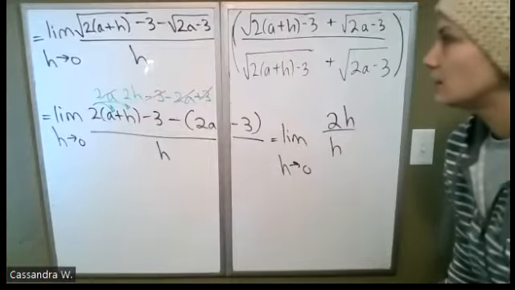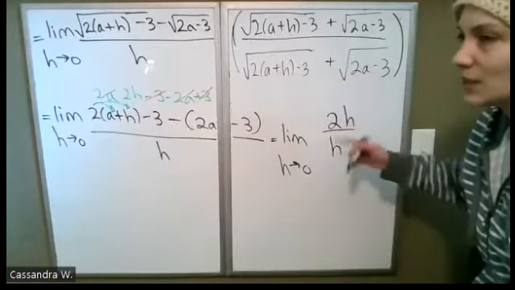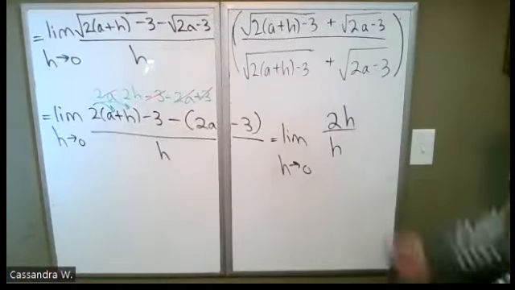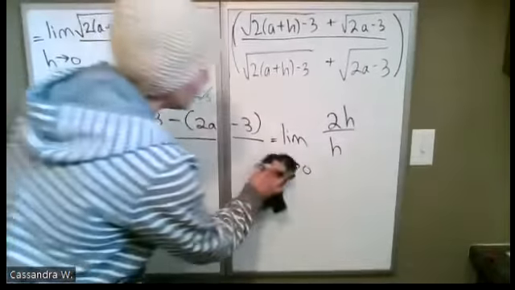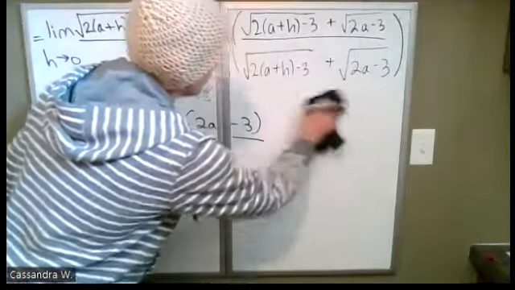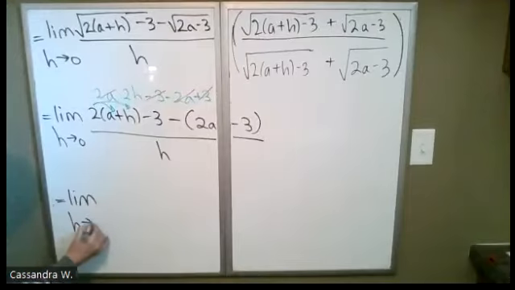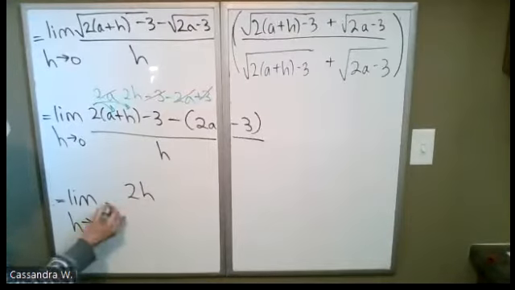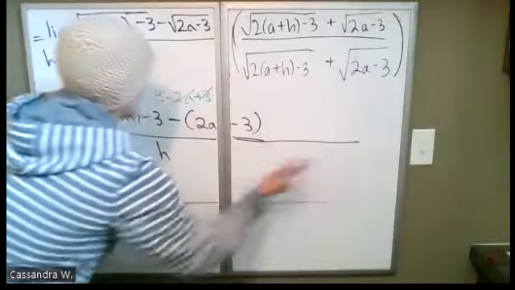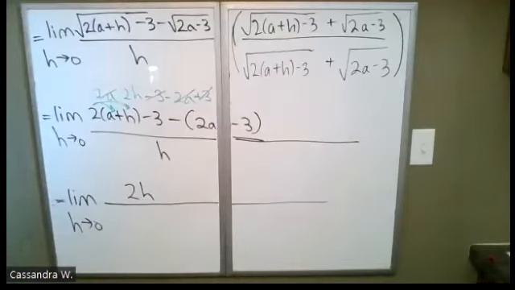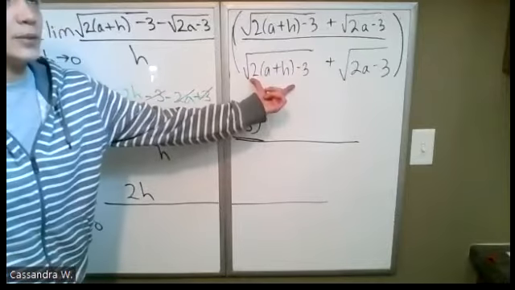Oh, I lost this piece here. We need to copy all of that down. So we're not going to get 2. Let's go back. I mean, the numerator is correct. It's just more going on in the denominator. So there's my h right there, but I need all of this next to it or multiplied with it.